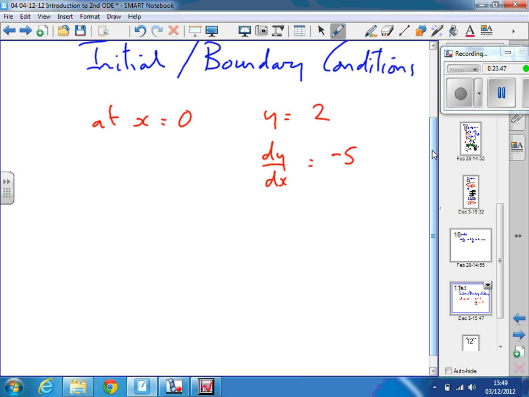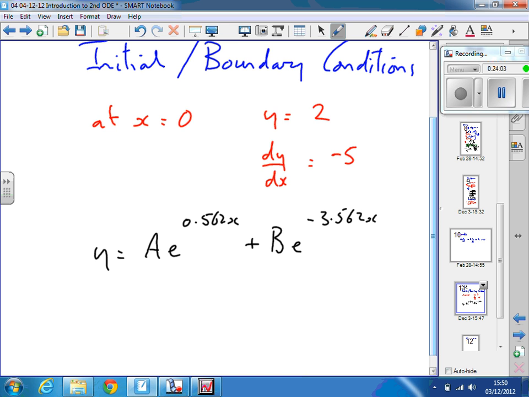So what was our solution again? The general solution was y equals A e to the 0.562x plus B e to the minus 3.562x. Now I've got 2 unknowns, a and b, and I want to find out what they are.